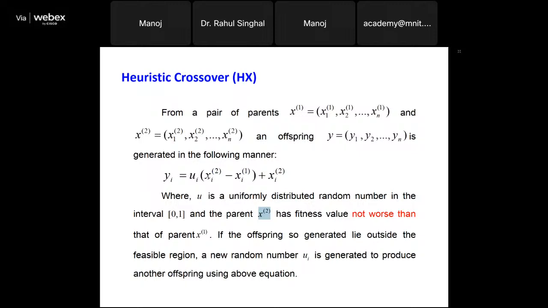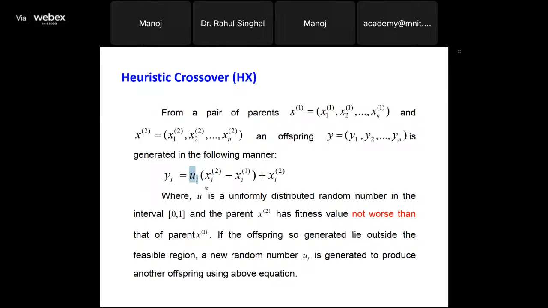So basically you are subtracting from the better solution in terms of fitness, and then adding to that. In a way, we are again adding something in the vicinity of x1, but now instead of some other distribution, we are using the uniform distribution. Again, it was a very popular choice and it gives good results also.